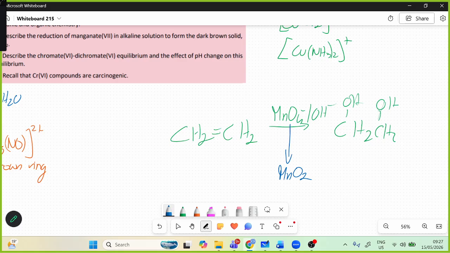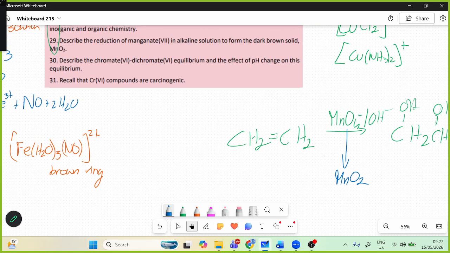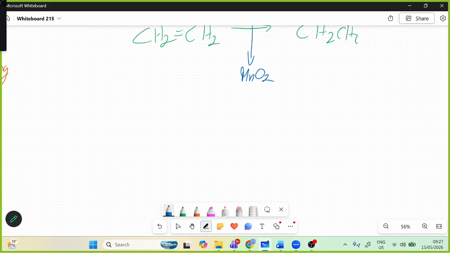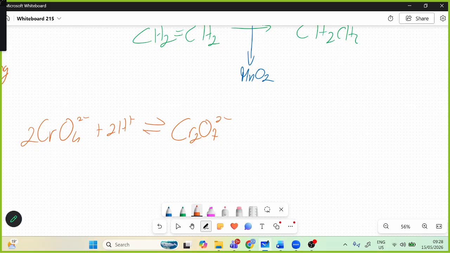Okay? Then you have the dichromate equilibrium. In this equilibrium, it's important to know the color. This is yellow, this is orange.